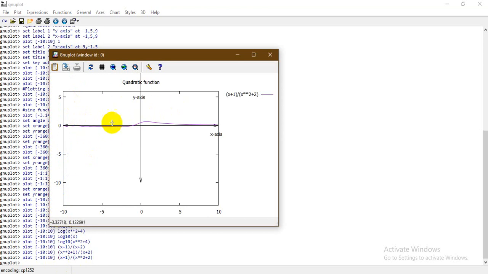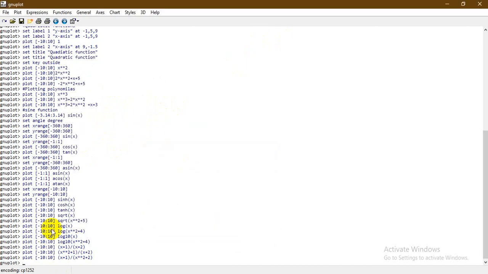In order to visualize this function very well, I need to increase the domain of y. So I come here with set yrange, and set it between negative 3 and 3.